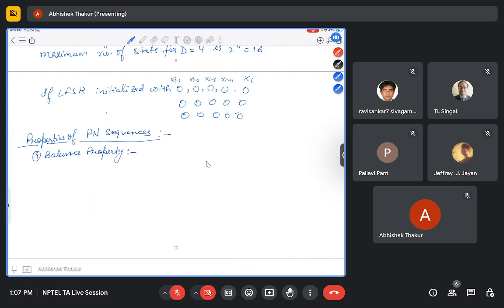In the balanced property, let's suppose a BPSK modulated PN sequence as shown previously. The PN sequence can generate up to a maximal length of 15 states, and the total number of 1 and minus 1 in these states will be almost equal. In the 15 states there are 8 minus 1 and 7 plus 1.